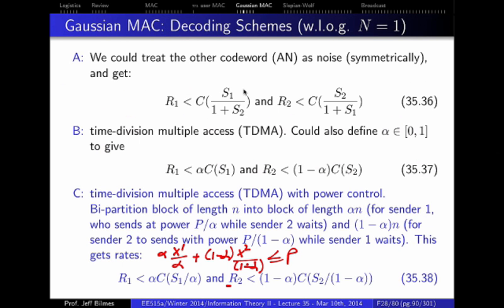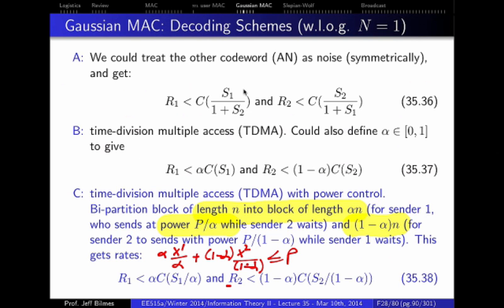So that's basically what's happening here. For sender 1, the block length n is partitioned. The first part is of length alpha n. The second is of length 1 minus alpha times n. So that's the time division. But for that first block of length alpha n, we send at power P over alpha, and sender 2 waits.